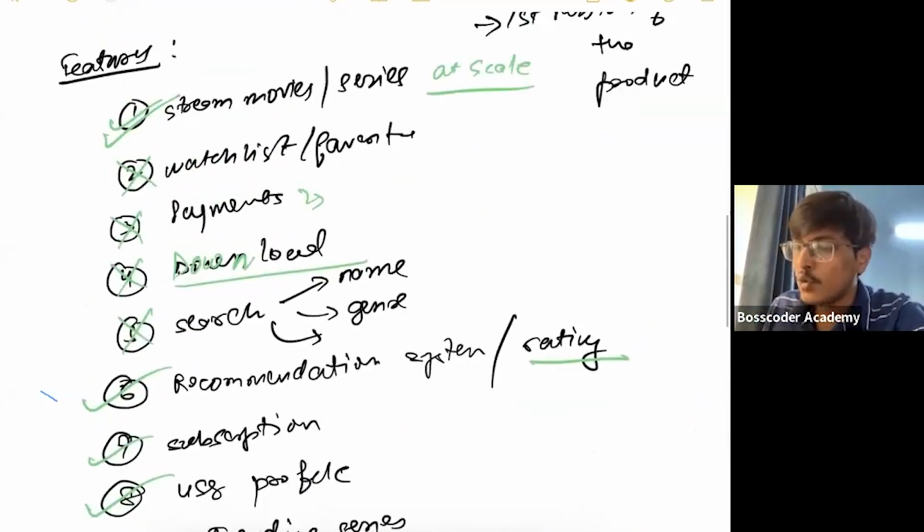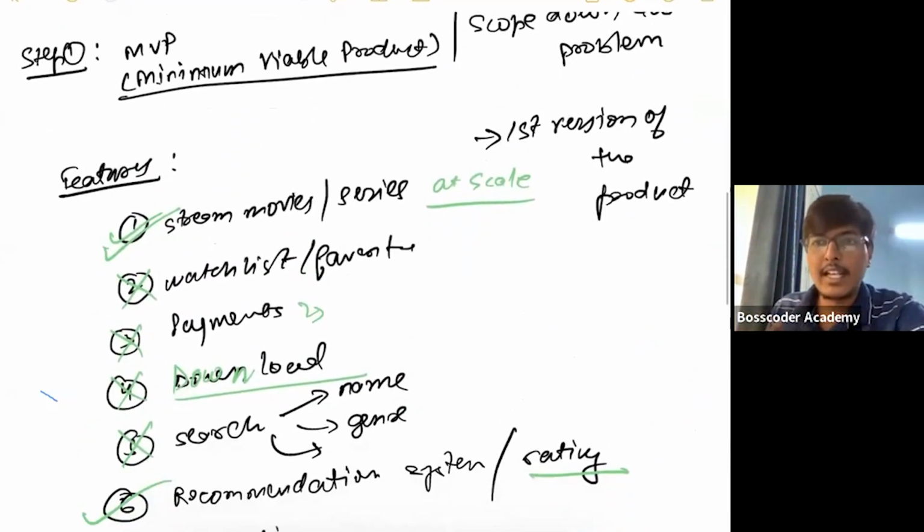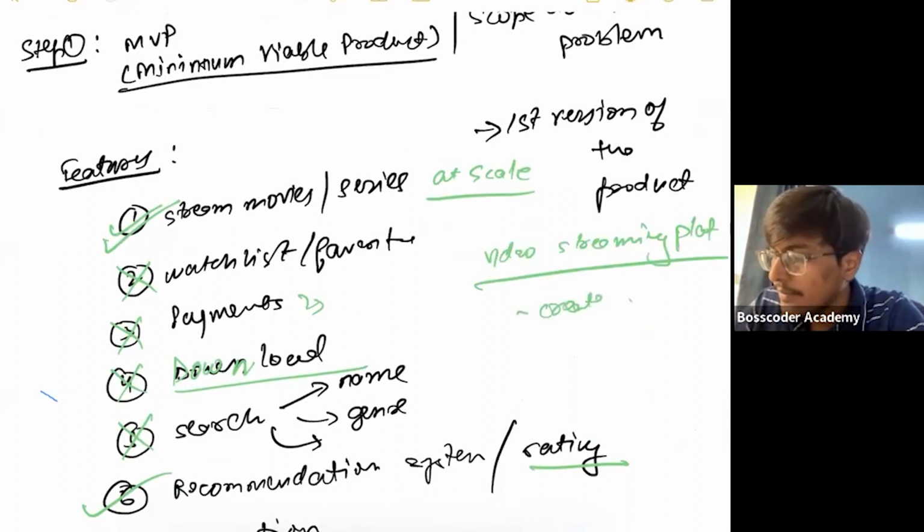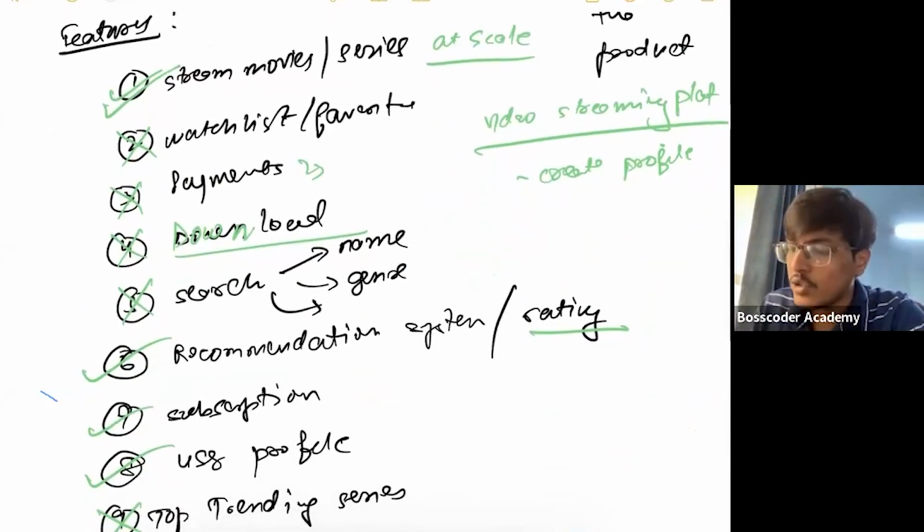So what we are discussing today, when I say Netflix is a video streaming platform, right, where someone can create their profile, which is create profile. There is a user profile. Someone can subscribe, can buy subscriptions.